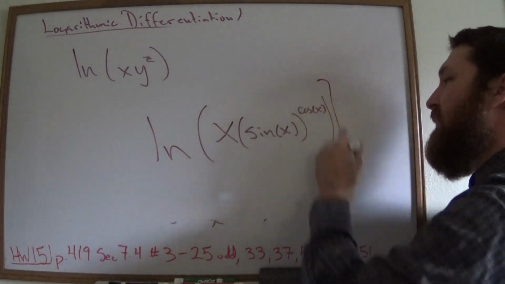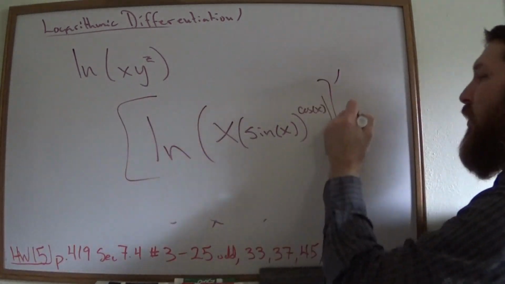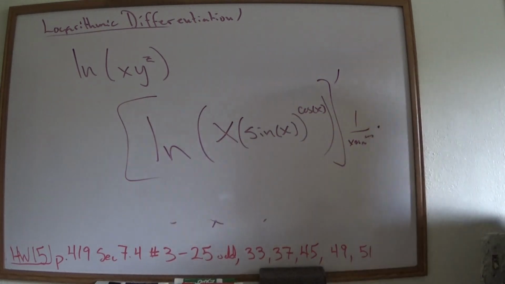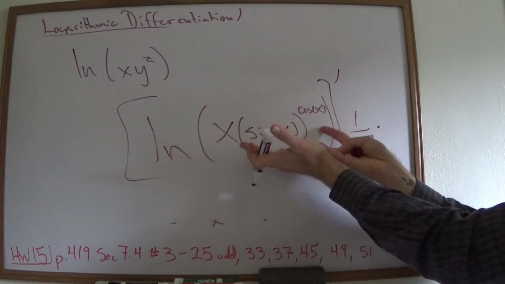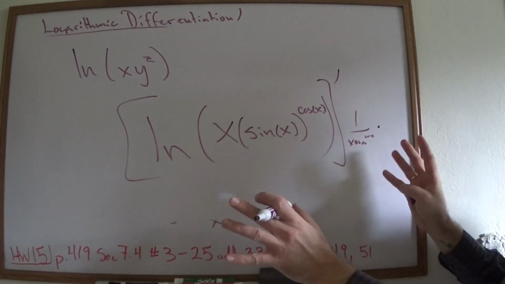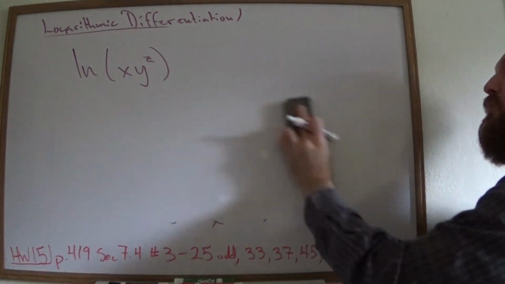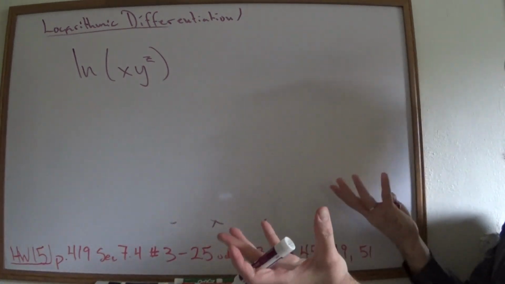If you just take the derivative of this, now you have 1 over all of this stuff. Now you have to multiply by the derivative of the inside stuff. Well, that doesn't help your life at all. So the idea of logarithmic differentiation is that you could use properties of logs to make your life easier.